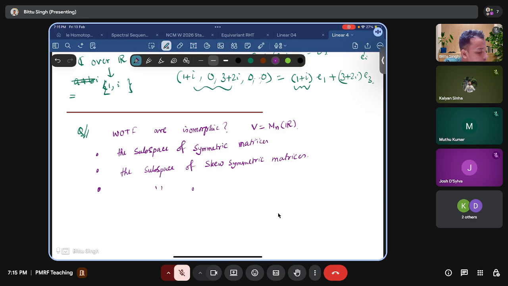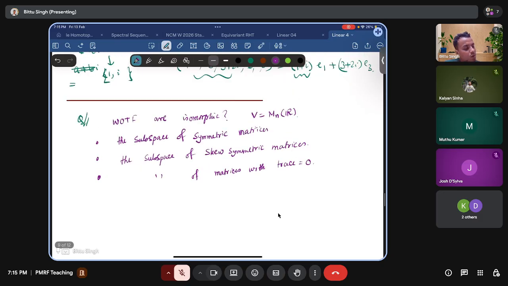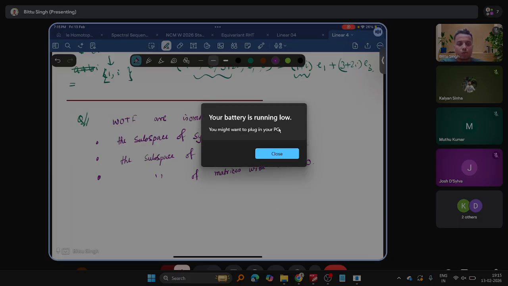The subspace of matrices with trace equal to 0. Now what is your answer? Which of the following will be isomorphic?